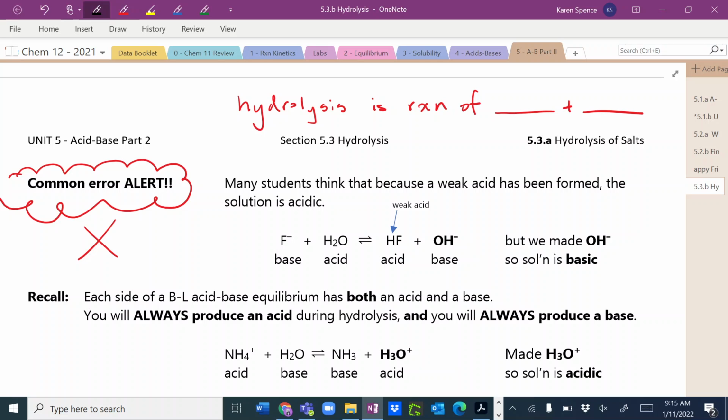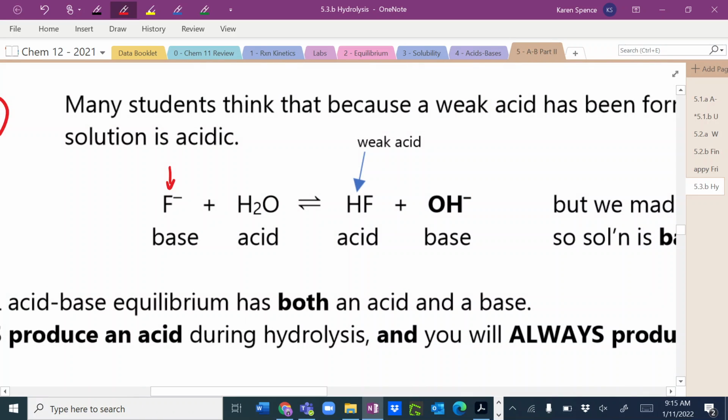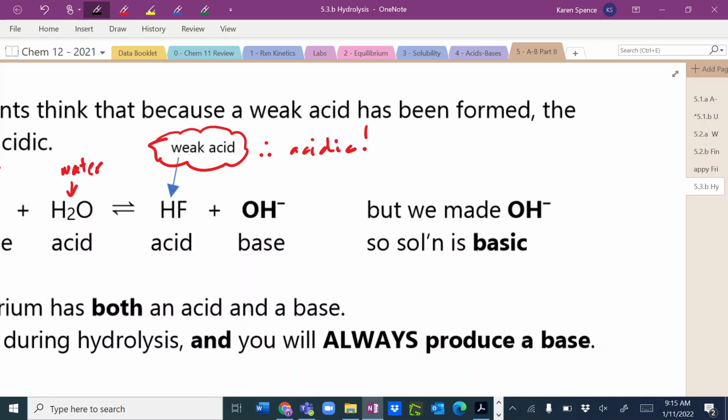It is the reaction of an ion plus water. Many students look at the weak acid formed when that ion reacts with water and say, I have made a weak acid, therefore my solution must be acidic. But that is absolutely 100% wrong.